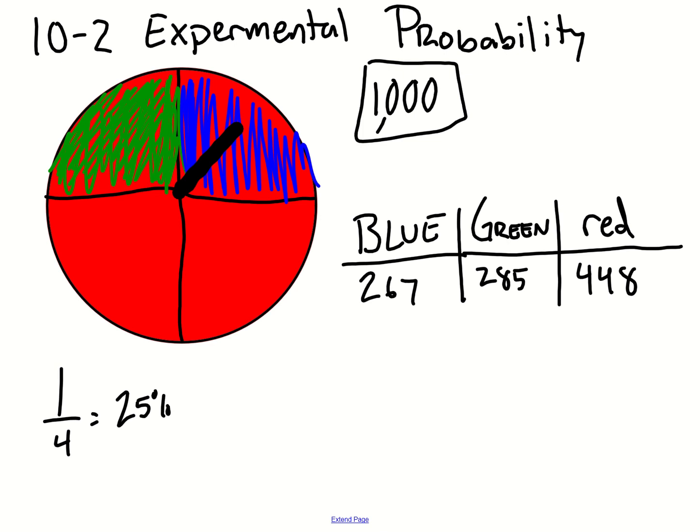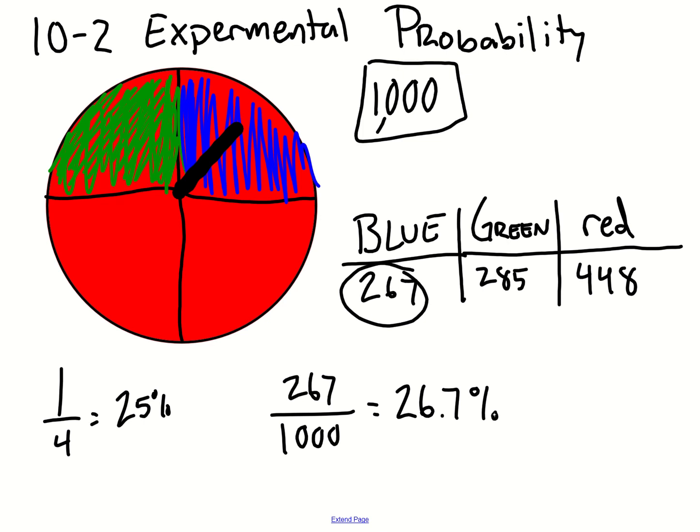With experimental probability, I learned that it's actually a 267 out of 1,000 chance of happening, which when I divide that, gets me a 26.7% rate, which is very similar to what it should be. Right? It should be 25. It ended up being 26.7. That's experimental probability. It's basing probability off of things that have already happened.